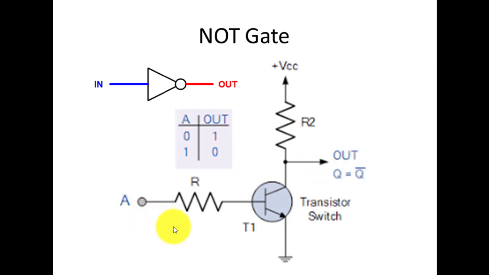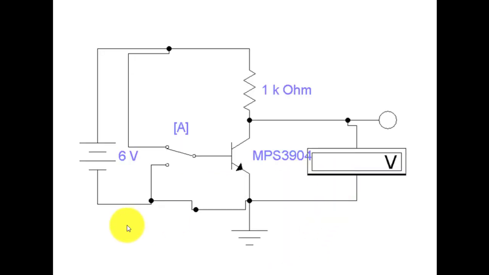And if we apply the input A as high, as 1, then the output will be 0 because all the current will flow through this collector emitter junction and will flow to ground. So we have to construct this circuit by using a single transistor.